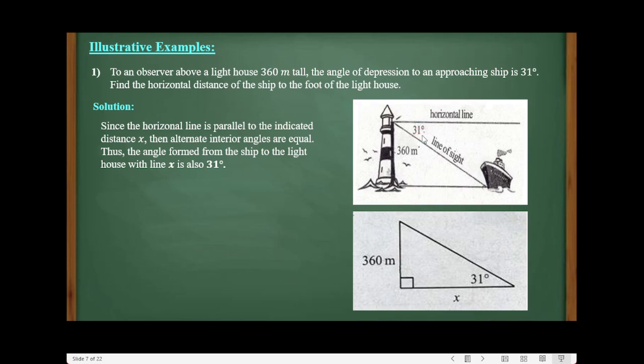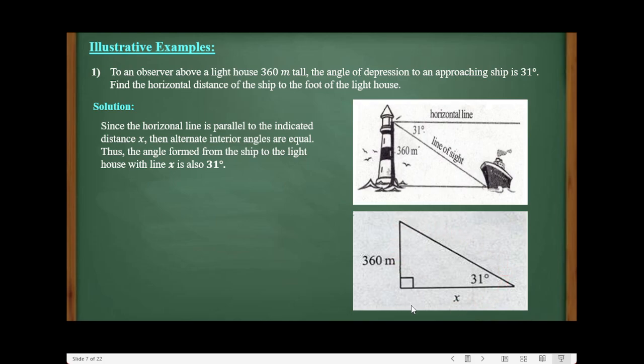Using the principles of parallelism, since this horizontal line and this line here are parallel, then the line of sight is actually the transversal. So if this cuts the two parallel lines, therefore these are the alternate interior angles that are equal in measure. So it follows that this angle right here is also 31 degrees. So this is the triangle.